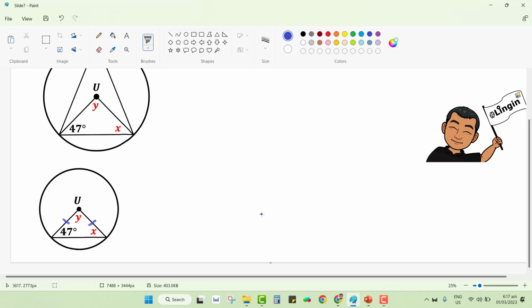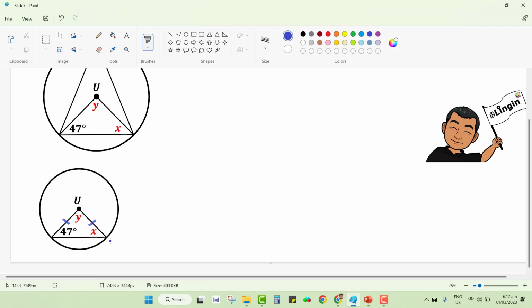I already marked them as congruent because they are both radii of the same circle. According to one theorem, radii of the same circle are congruent. So this is a radius and that's a radius representing sides of the triangle, and they must be equal in measurement, or congruent, because they are the radii of the same circle.